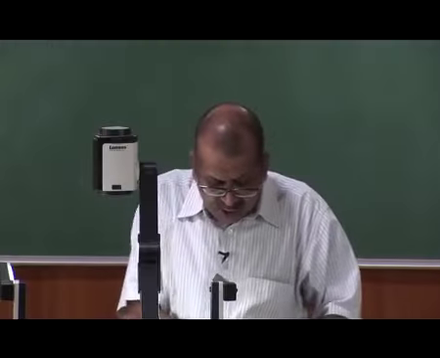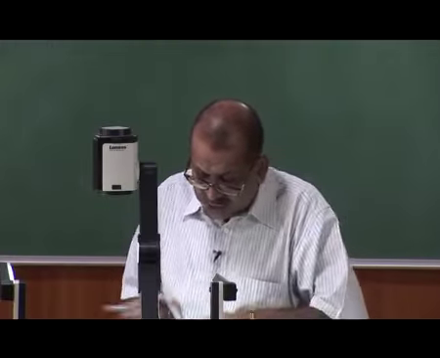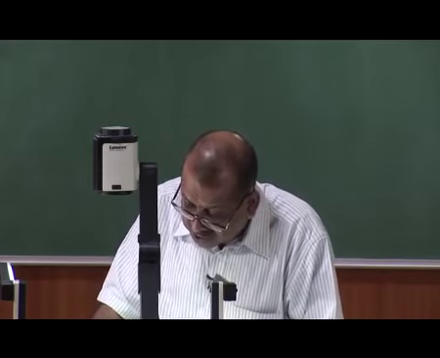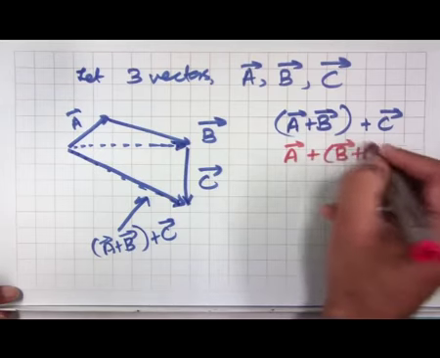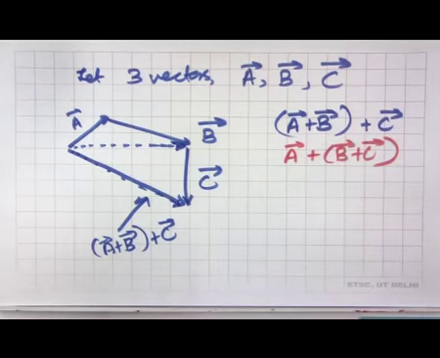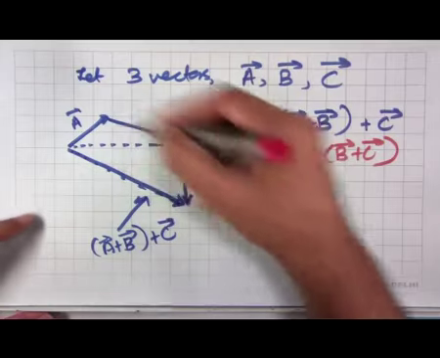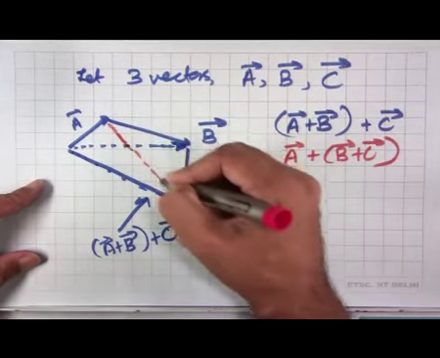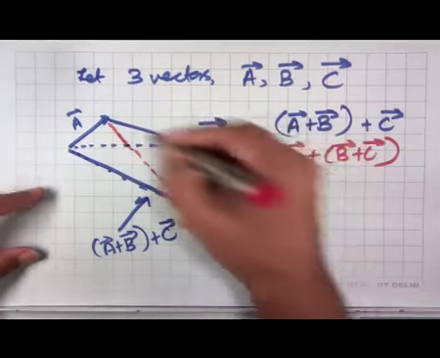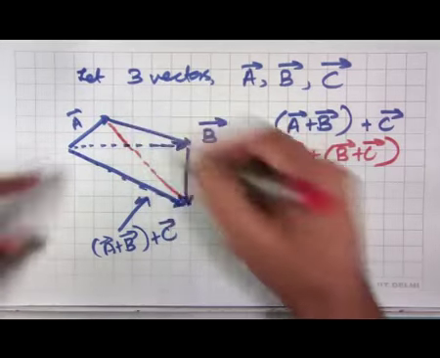Now, let us see how this is related if we interchange the addition, that means we look at vector A plus B plus C. That means first we add vectors B and C. If I add vectors B and C, I will get this dotted line, and I have to take it in the opposite sense.